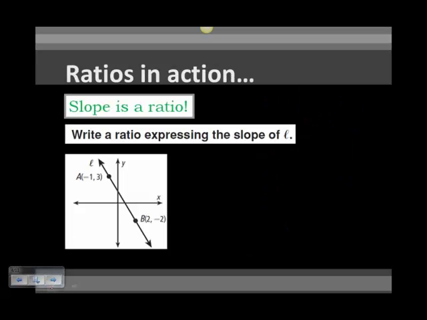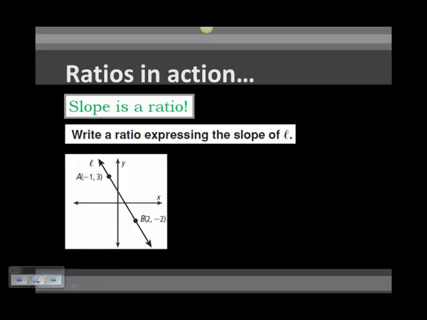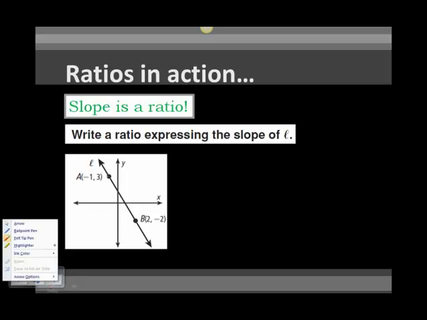Now, slope, something we've done with lines, is a ratio. It's a comparison of the rise of a line to the run of a line. So we can write the ratio expressing the slope of line L that we're given here. This point here is (-1, 3), and this point here is (2, -2).